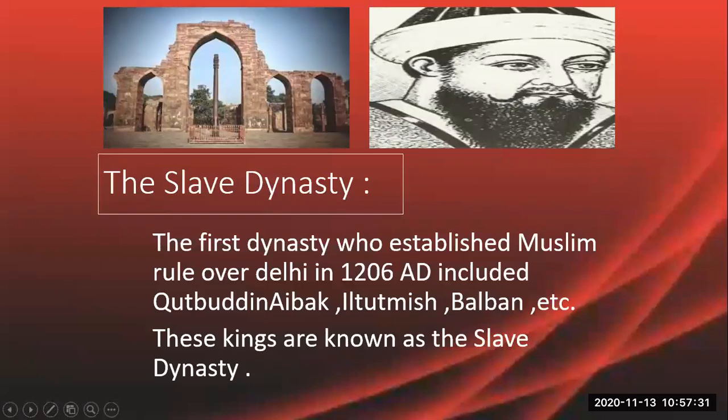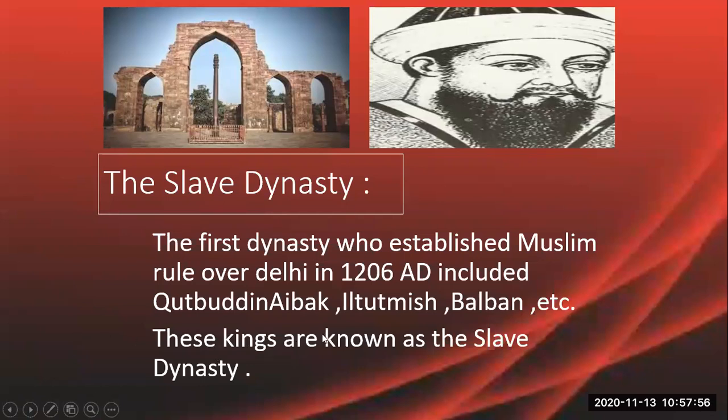But basically, you can see that the slave dynasty includes many people, of which I had written only three names in front of you. Why is it called a slave dynasty? We are going to talk about it. See, these three persons were in slavery.